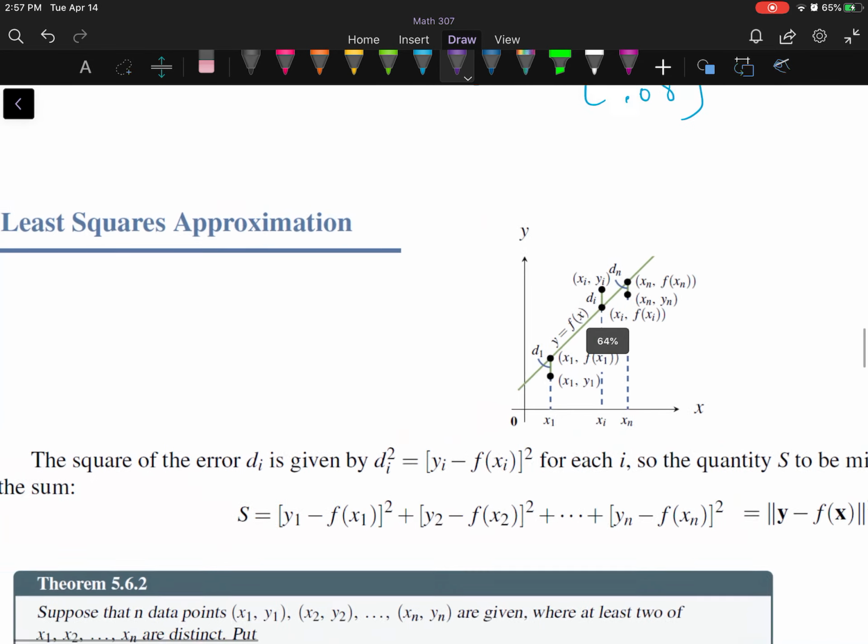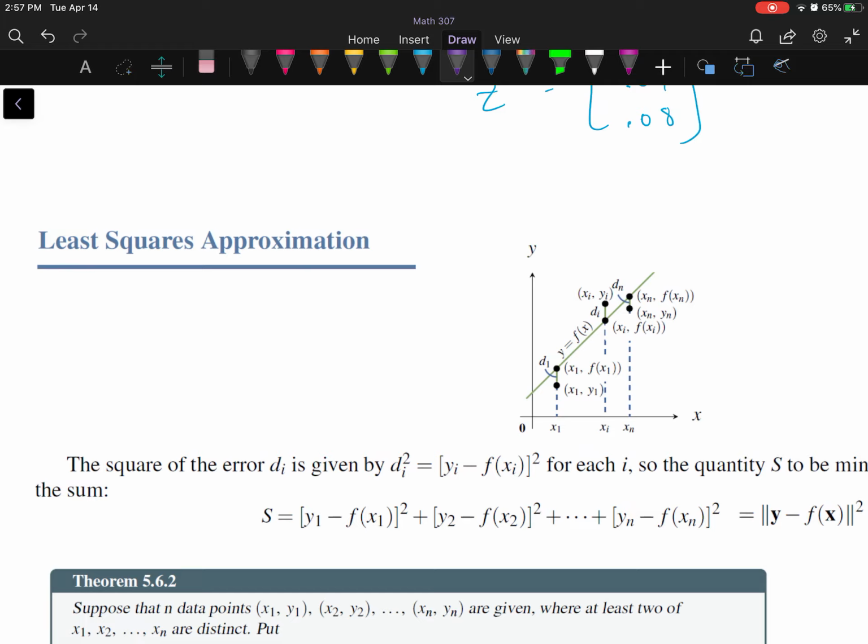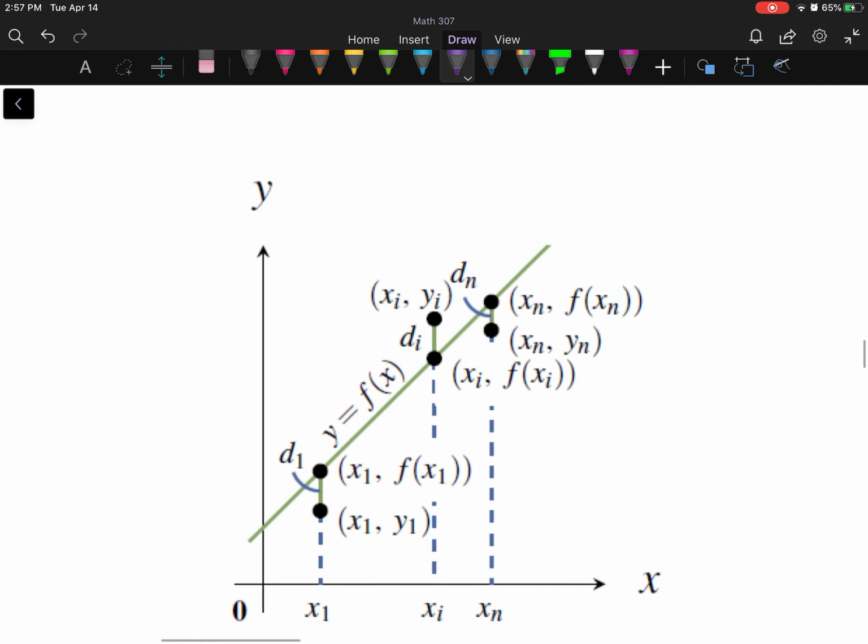Here we're going to talk about least squares approximation. And when somebody's talking about least squares, what they mean is you've got this scatter plot of data. All of these, I'm going to recolor these. These pink dots are like the dots that you would have on a scatter plot beforehand.